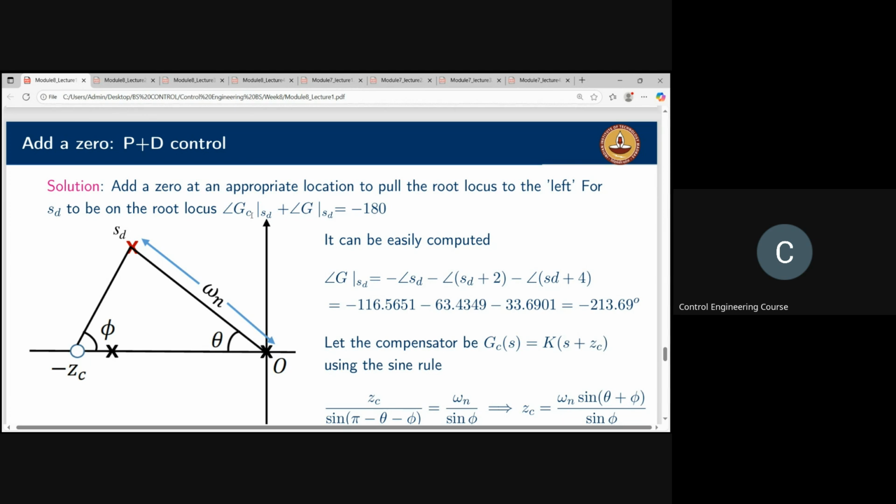Since the angle of GGC is the sum of the angles of G and GC, because arguments add when you multiply two complex numbers: e^(jθ1) times e^(jθ2) is equal to e^(j(θ1+θ2)). So the angles add when you multiply two complex numbers. So what you get is this. Correct?